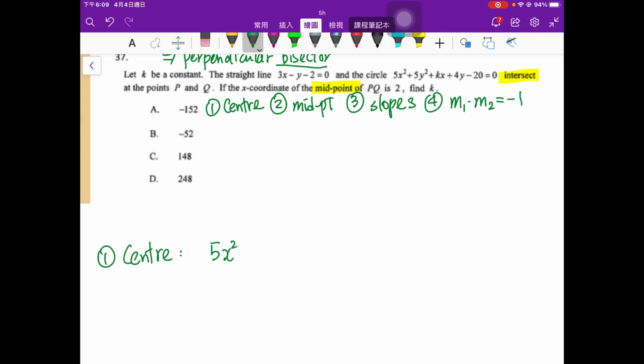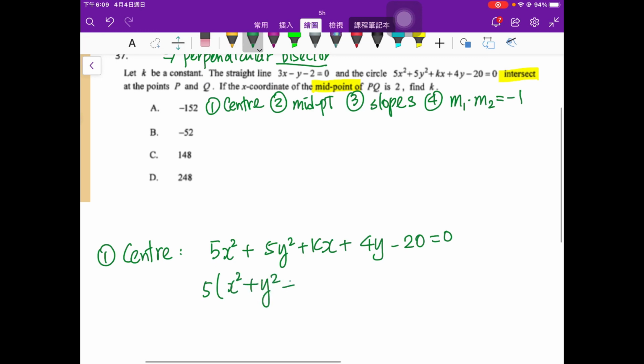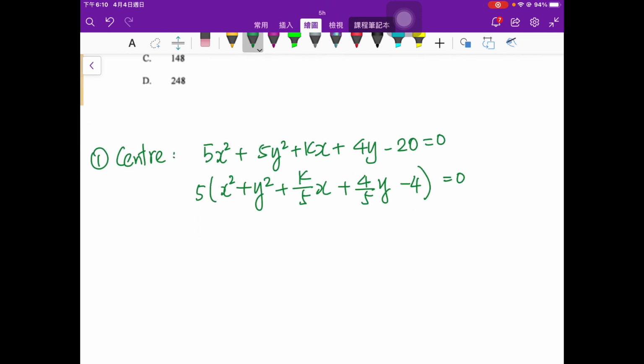The equation of the circle is 5x squared plus 5y squared plus kx plus 4y minus 20 equals 0. In front of x squared and y squared, we need to take out 5. x squared plus y squared, and then k over 5 x plus 4 over 5 y minus 4 equals 0.